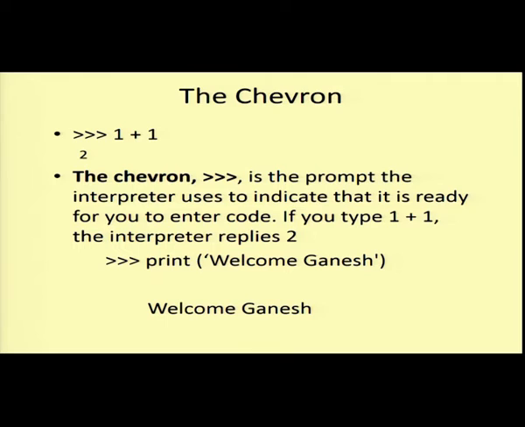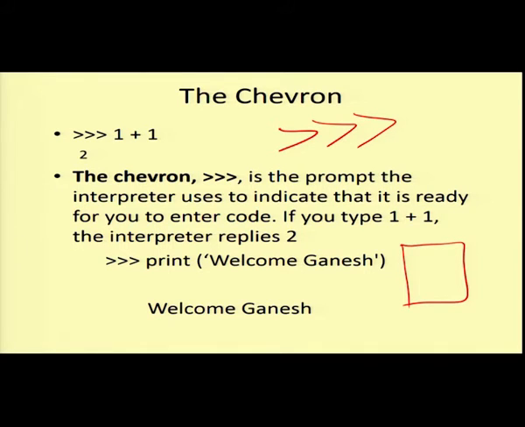Now let us see what a chevron is. The chevron is the triple greater than symbol. This is the cursor or the command prompt that is available within a Python IDLE. IDLE stands for Integrated Development Language Environment, which is the expanded form of the abbreviated term IDLE.